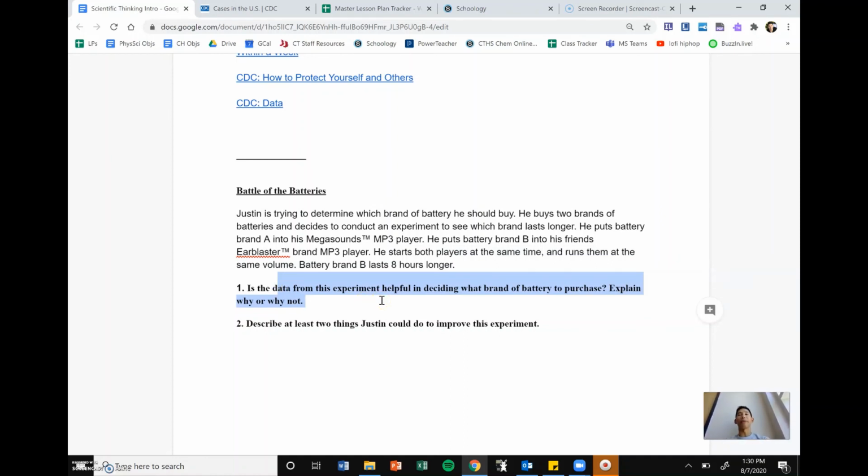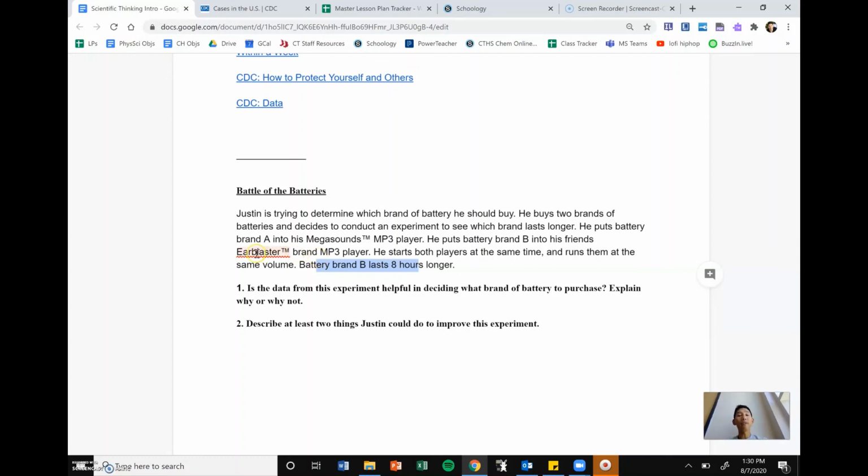Well, let's think about it. He took 2 different types of MP3 players, and he put one brand in the first one and the other brand in the second one. Based on his results, battery brand B lasting 8 hours longer, can we conclude that battery brand B is better?